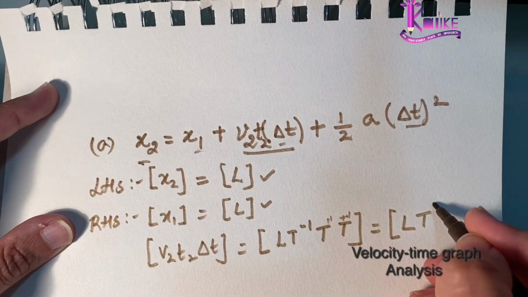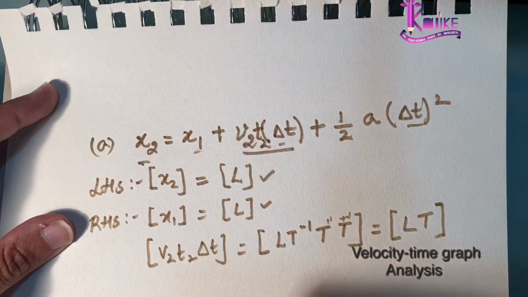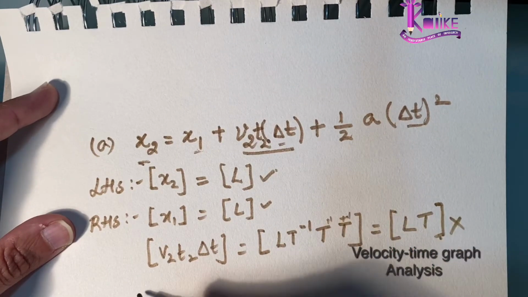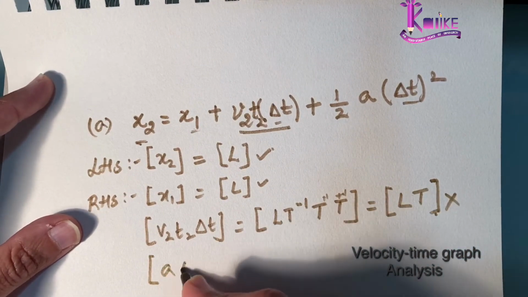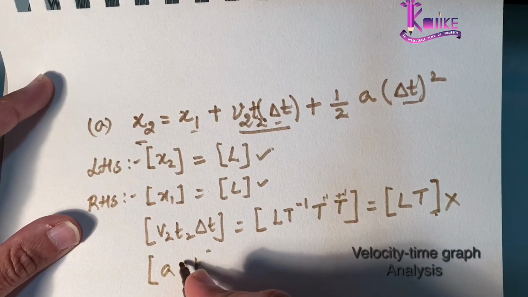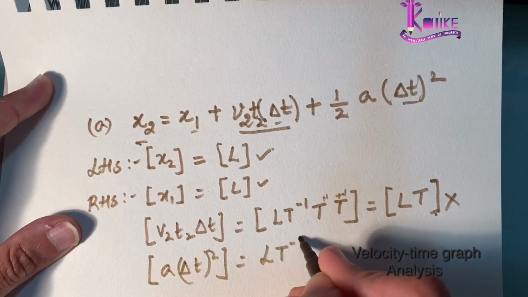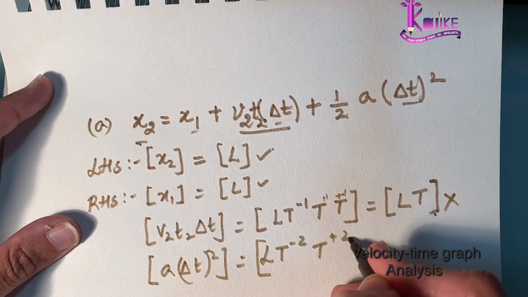That will be L into t, which does not match with the LHS. And then you have half a delta t square. Half doesn't have any dimension, so acceleration is L t minus 2, and delta t square is t plus 2.